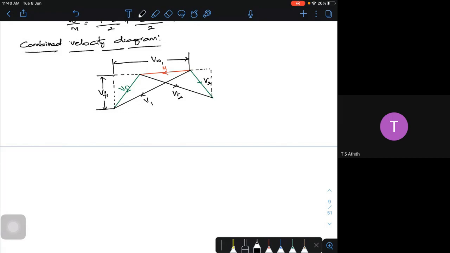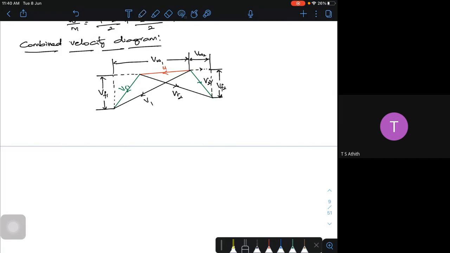Similarly, this will be my VW2, and this will be my VF2. I have got all the components: U, V1, VR1, VW1, VF1, and U, V2, VR2, VF2, VW2. All the velocity components are represented on a single velocity triangle.